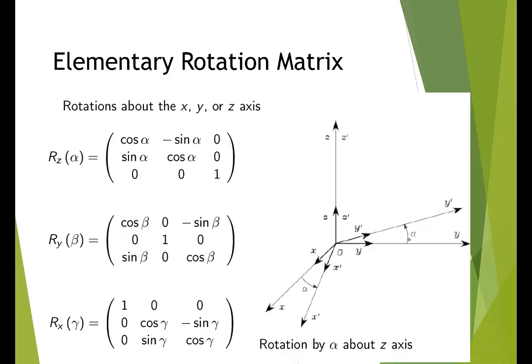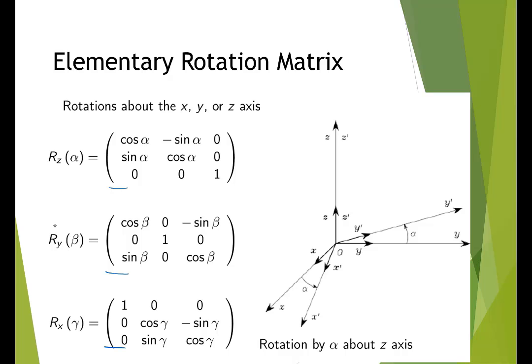Basically, we have 3 types of rotations. Rotation around z-axis, rotation around y-axis, rotation around x-axis. And any of these rotations is defined using an elementary rotation matrix. This is for z, y, and x. And the fact is, any rotation matrix in 3D is a combination of 1, 2, or 3 of these.